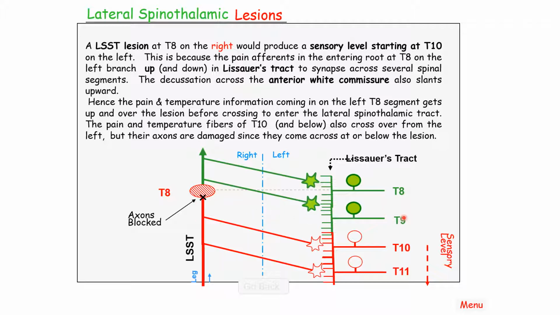Whereas fibers from peripheral nerves that come in at T9, they would send their fibers in Lissauer's tract above T8, and also fibers in T8 would send their fibers in Lissauer's tract above T8 on the opposite side, so they would cross over higher up. And as a result, this person who has a lesion at T8 would have pain and temperature loss at T10 and below.